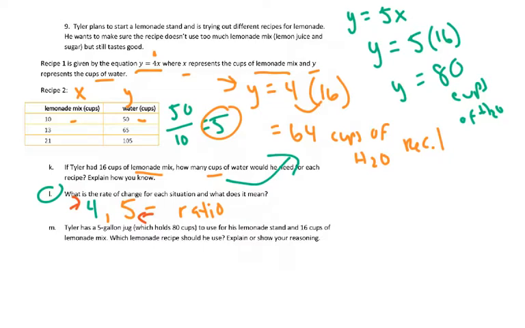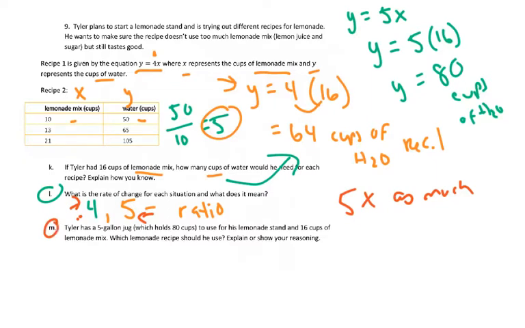So if you're using the 5 times as much, then that's more water. Your lemonade would be less sweet. And if you were using the 4 ratio, you'd have less water and your lemonade would be stronger. So it has to do with the ratio.